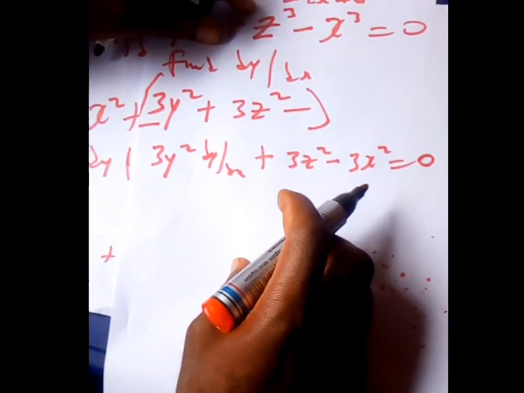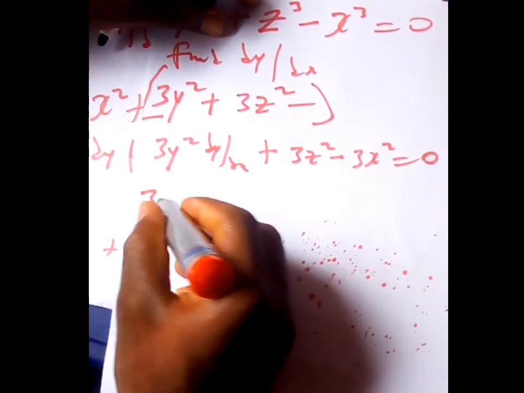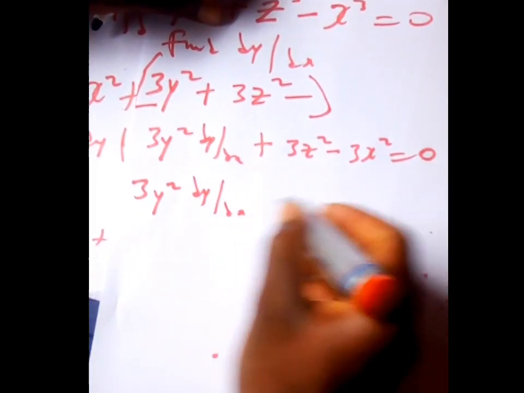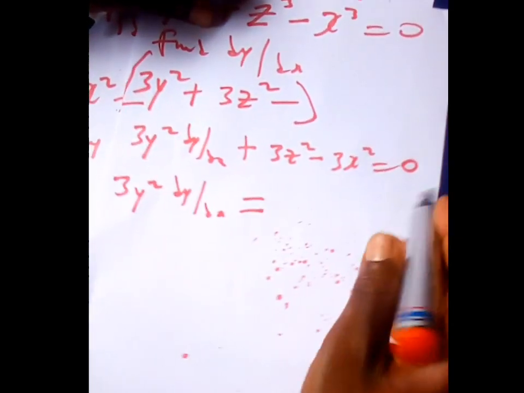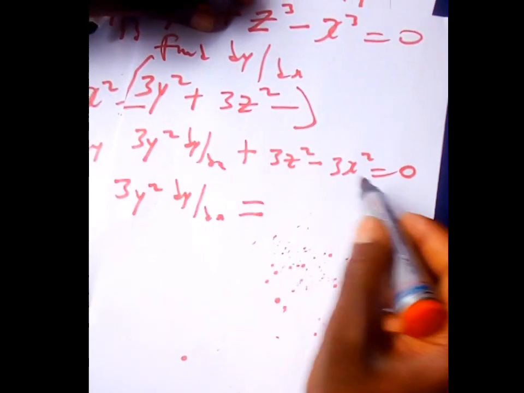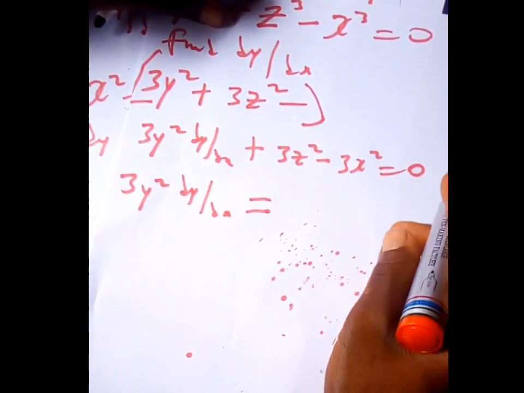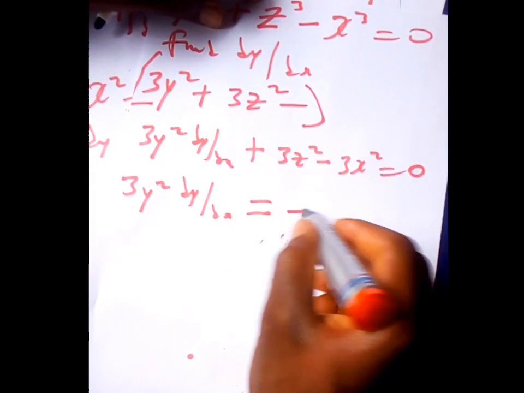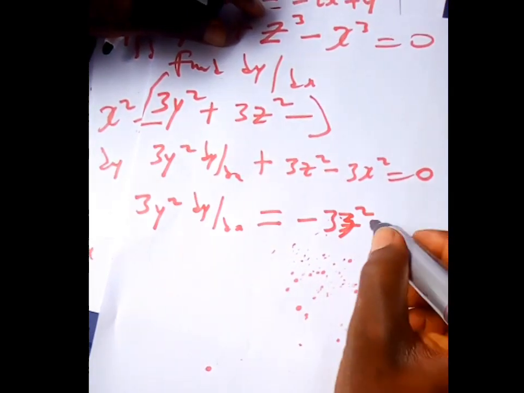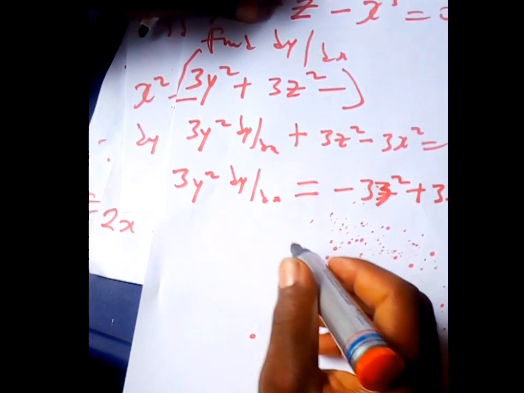By making dy dx the subject of the formula, we'll be having 3y square dy dx to be equal to, taking this 3x square minus 3z square to cross the equal sign, minus 3x square plus 3z square.